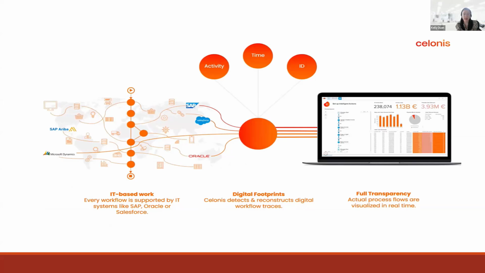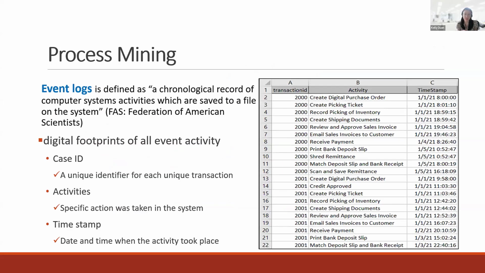Process mining gives the user a data-driven view of the entire business process, the ability to see all the paths of these digital footprints. Most importantly, the analysis reveals what actually happens within an organization, not what a user thinks or expects.